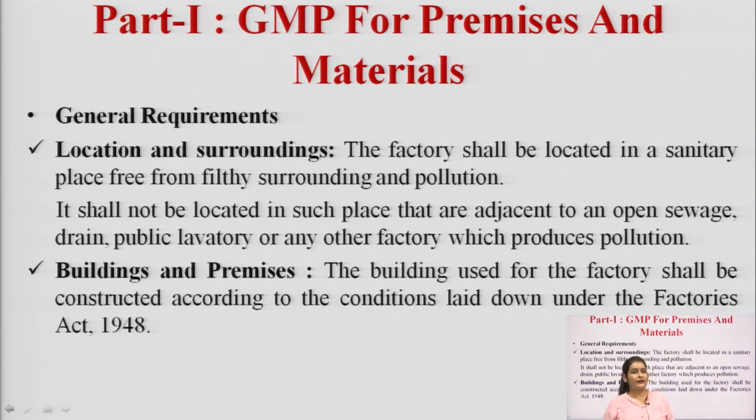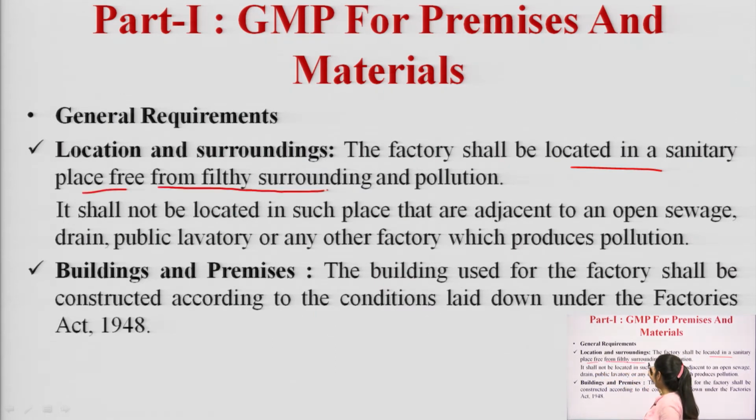Point 1, and it is the utmost important point while setting up a pharmaceutical industry, that is location and surroundings. Location and surroundings is the most important point which we have to note while running the factory. The factory shall be located in a hygienic place, should be free from decomposed areas and free from pollution or pollutants.